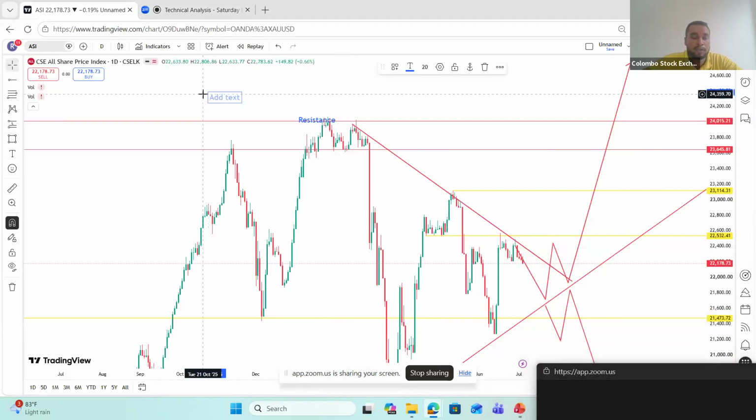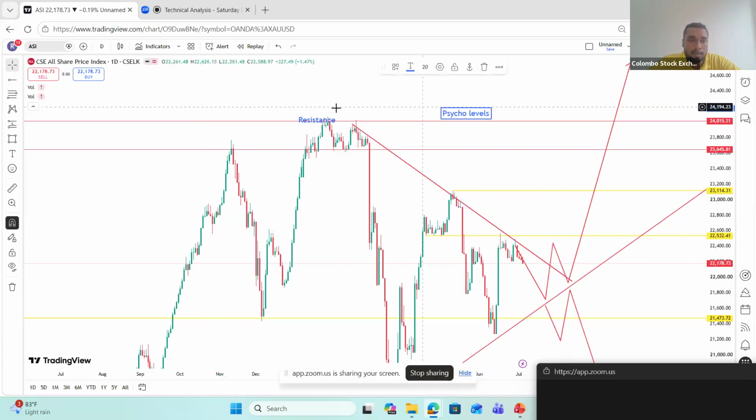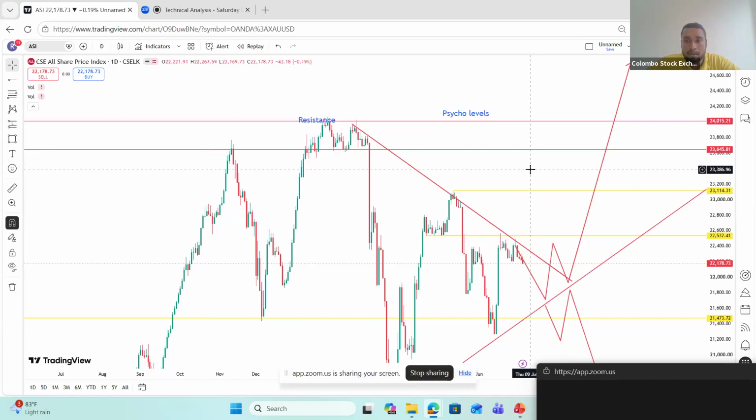Just remember the name. When we are writing technical articles, we also refer to them as psychological levels. We call them psychological supports or psychological resistances, right? These round numbers here in the ASI, 24,000 is a psychological resistance, right?